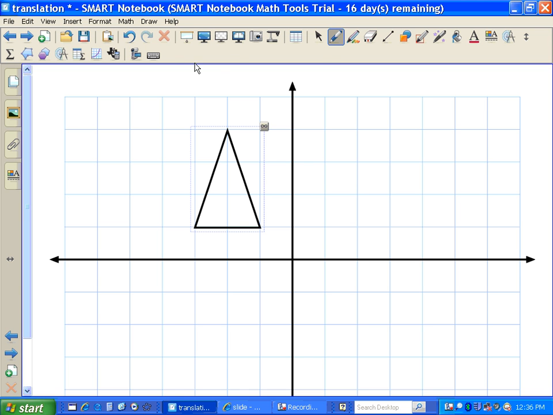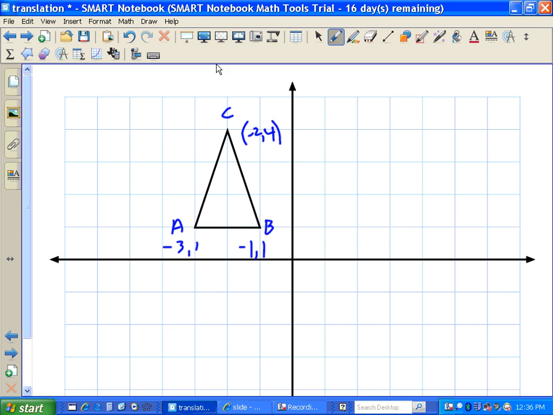We take a shape and mark down its coordinates at this point. Its coordinates appear to be -3, 1 for this one, which we'll call A, and this one appears to be at -1, 1, which we'll call B, and up here at C, -2, 4.